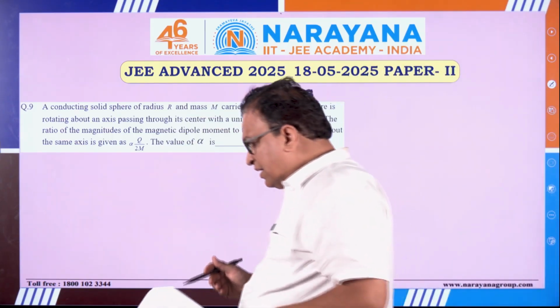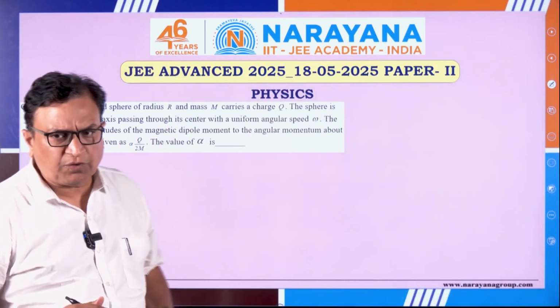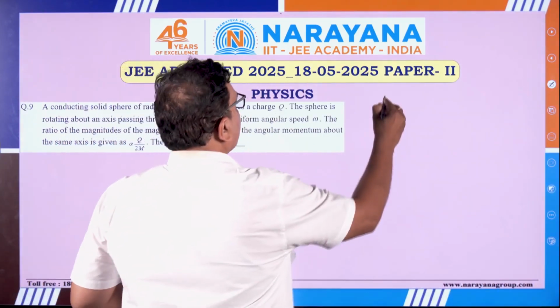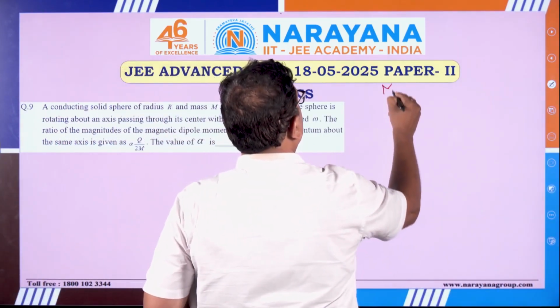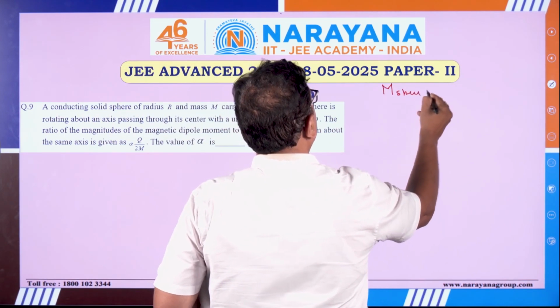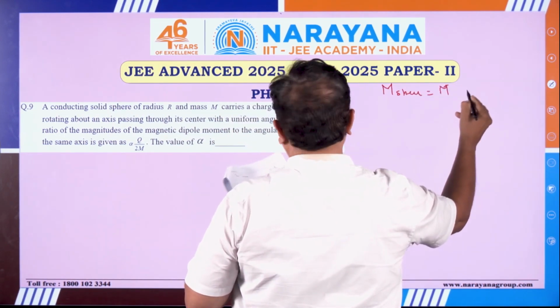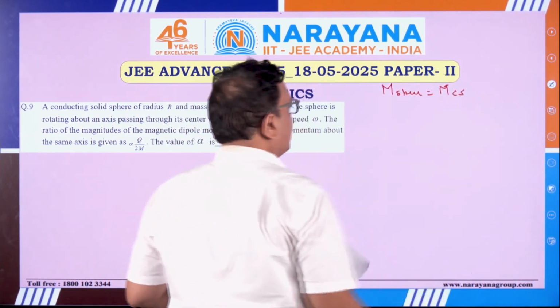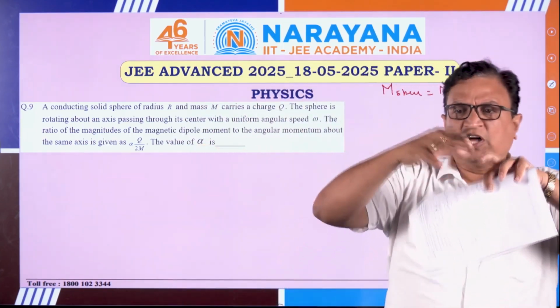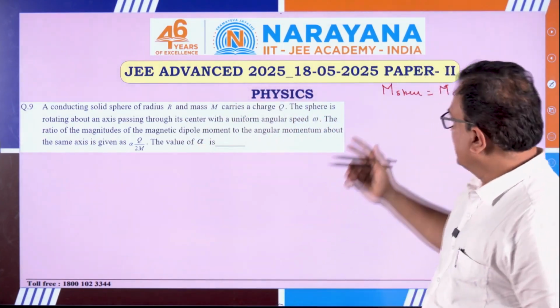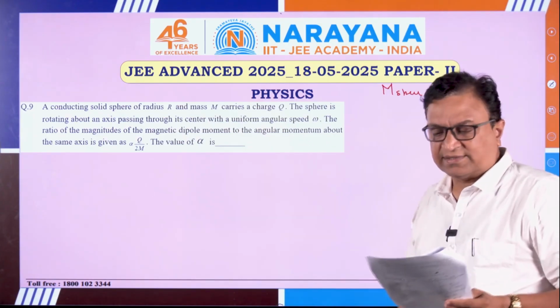See, one assumption that you should make here is whether it is a shell or whether it is a conducting shell. In both cases, the charge will be on the surface only. So M refers to the same in both cases.